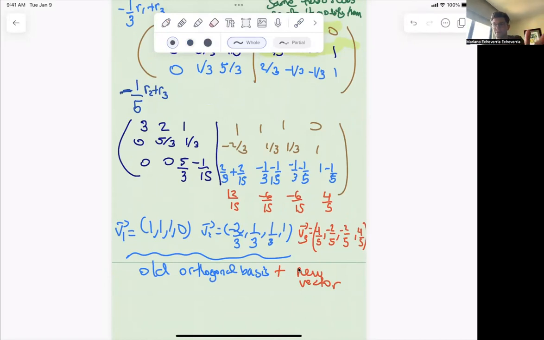What we know is that these 3 are ready to go, because the method works in such a way that it builds up on what you did previously. So it's not trying to destroy the previous vectors.